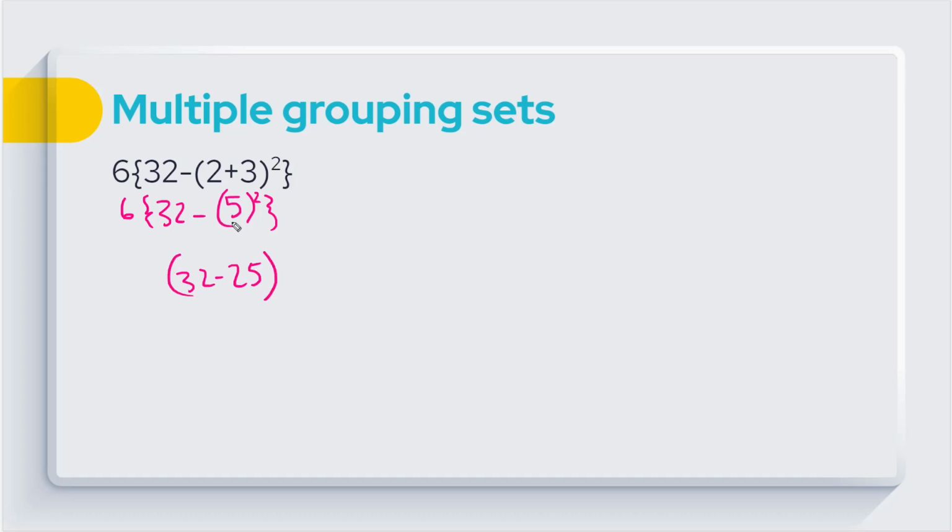And now that we've gotten rid of these parentheses, I'm going to replace the brackets with parentheses. It doesn't really matter what the grouping looks like. You just want to use different groupings for different ones just to be clear. 32 minus 25, that's 7. 7 times 6 is 42. My goodness, we've gone and evaluated another expression.